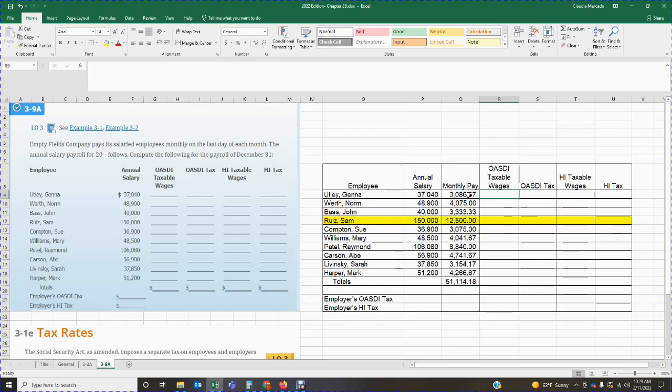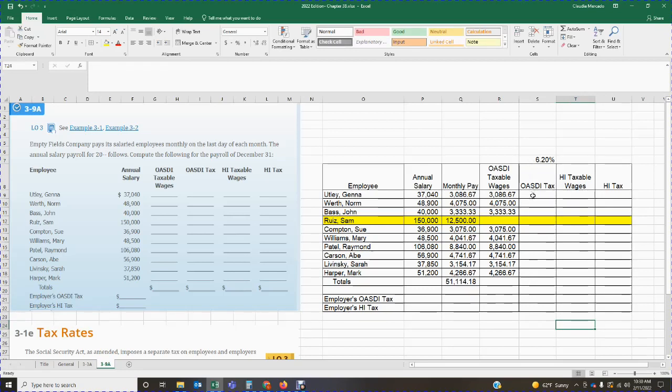So what I'm going to do is copy these numbers and paste them over here, and I'm going to delete the number for Sam. I'm leaving Sam for the end. Now, for my OASDI tax, your tax is 6.2%. I'm using Excel, and I'm going to do it very simple. I am not going to go through all of the calculations one by one in the calculator when you can do it in a second in Excel.